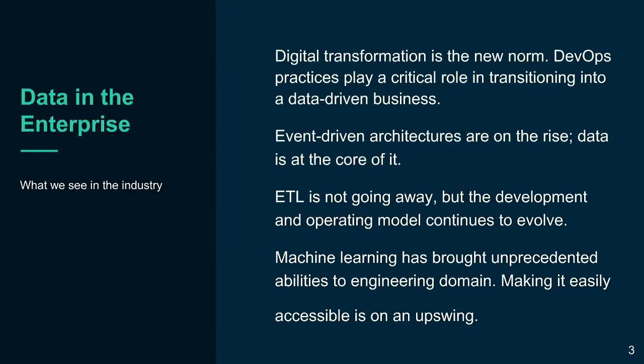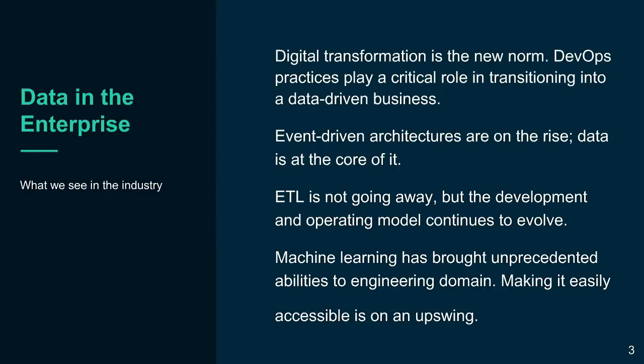And how with these types of models, and DevOps plays a really critical role, transitioning the data-centric business into more modern and more cloud-native types of architectures and businesses overall. And while doing this type of re-architecture, we also see in the industry that a lot of event-driven practices and architectures are evolving, and that's on the rise, and data is at the core of it.